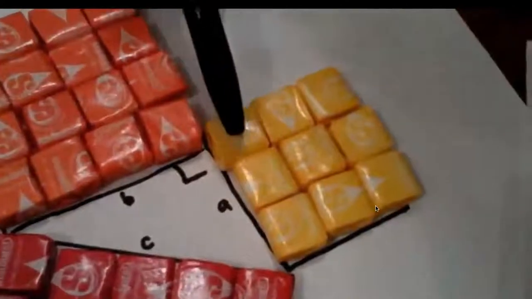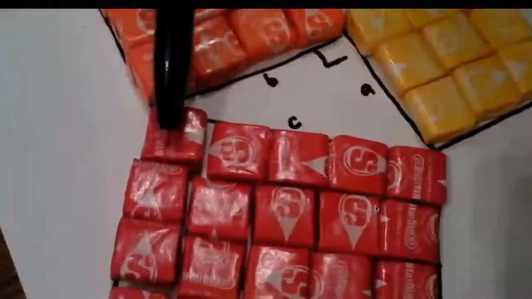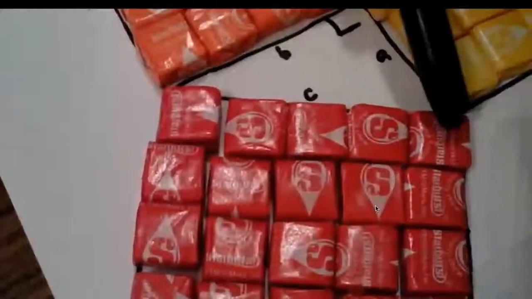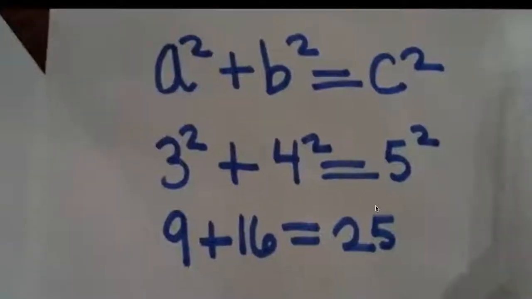A squared plus b squared equals c squared. A is 3. 3 squared equals 9. B is 4. 4 squared equals 16. C is 5. 5 squared equals 25. 9 plus 16 equals 25.